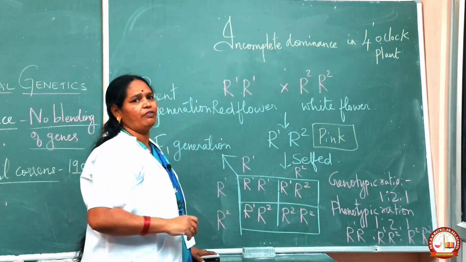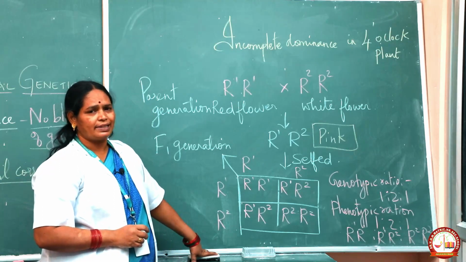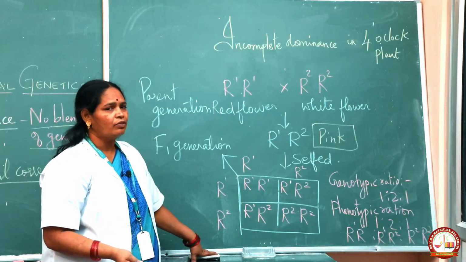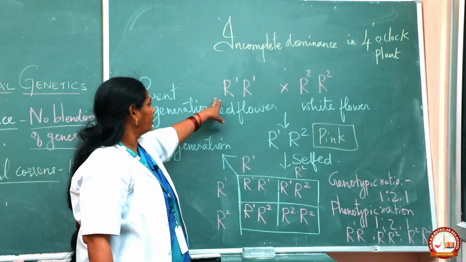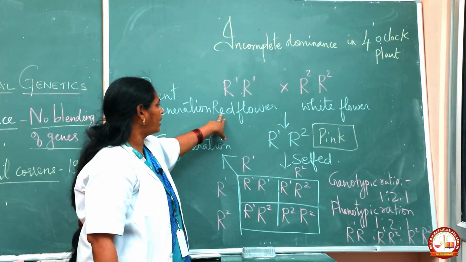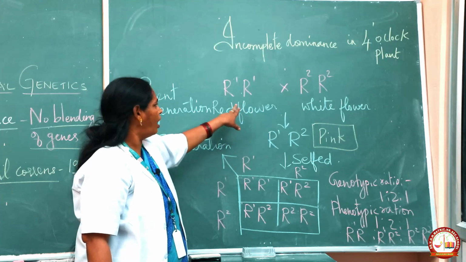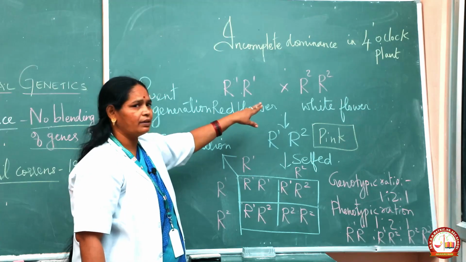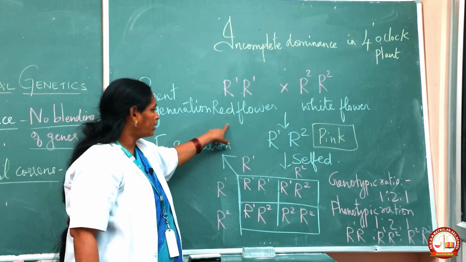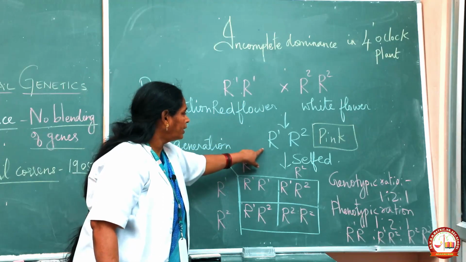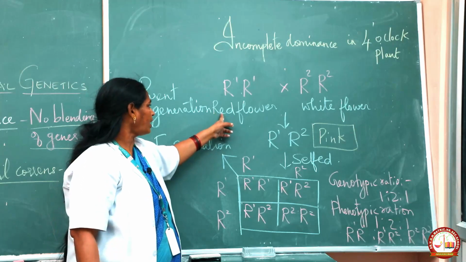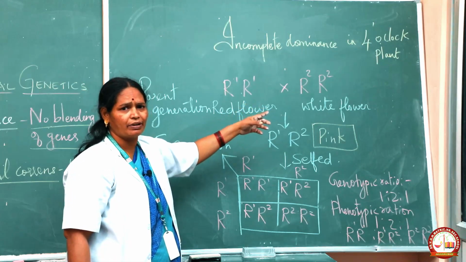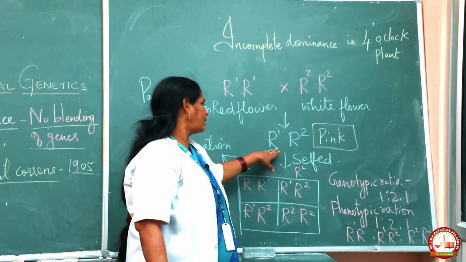So in the case of incomplete dominance, the dominance is not completed. The dominance fails to complete. When a cross is made between the red-flowered parent R1R1 and the white-flowered R2R2, what F1 hybrid do we get? It could be either of the parents, red or white flowers. But what is the yield we had in the F1 generation?